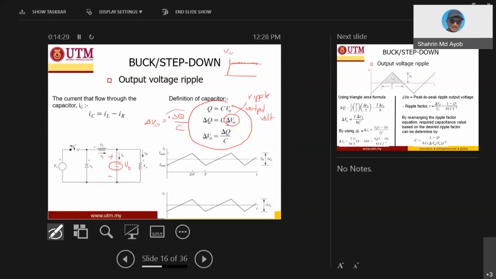But right now, what is the Q, the charge? How can we know the equation of the charge? You can derive the charge from the area under IC, this triangular area that we already know.